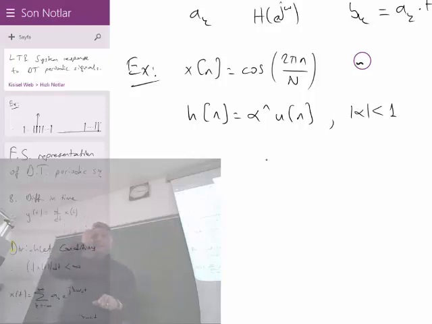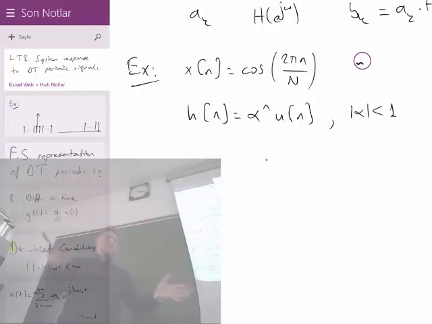Is it stable? Is the next question. It is stable. Because the infinite series sum, for alpha less than 1, alpha to the power n summation from 0 to infinity is equal to 1 over 1 minus alpha. And if alpha is, let's say, 0.5, then the summation is 1 over 1 minus 0.5, which is 2.